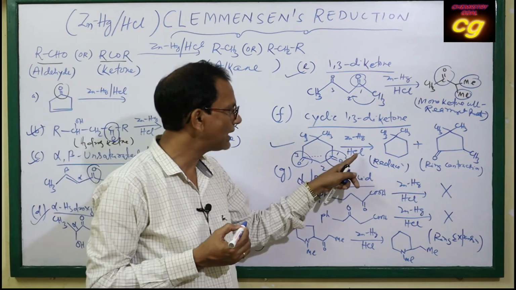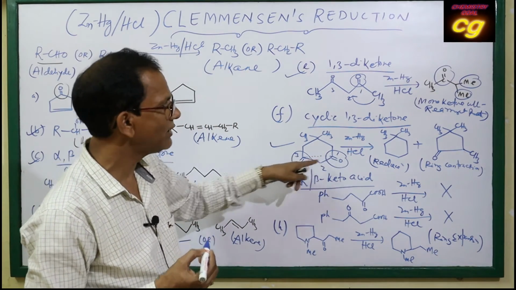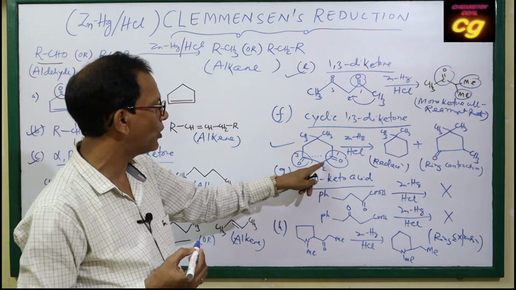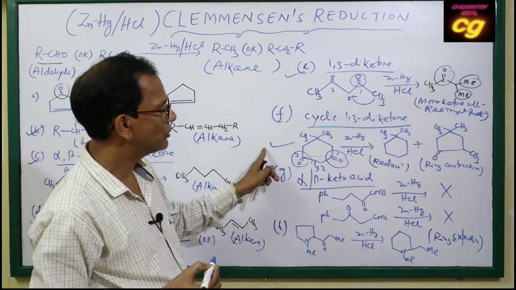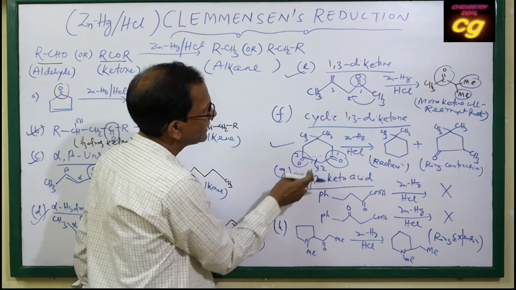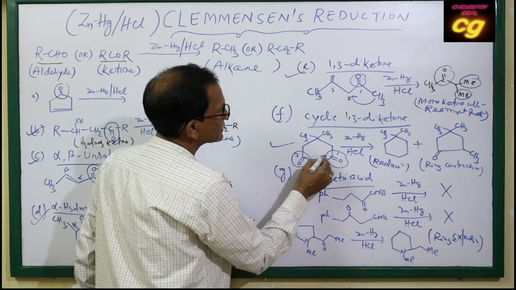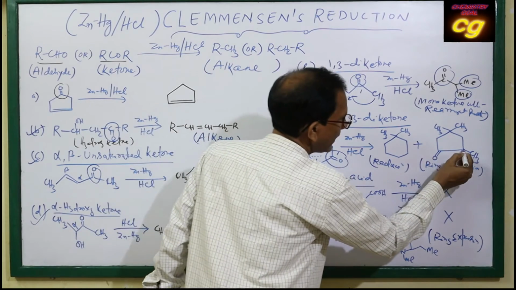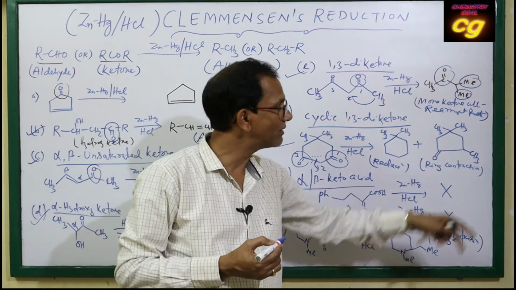When zinc amalgam reduces the C=O, this carbon will be joined, and when this bond breaks and converts to one alkane, this group becomes methyl, and this CO will be joined by one bond. That's why it is called ring contraction.